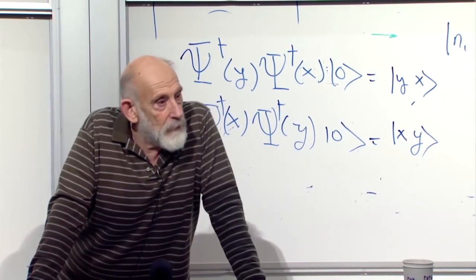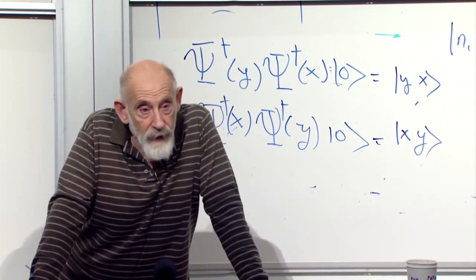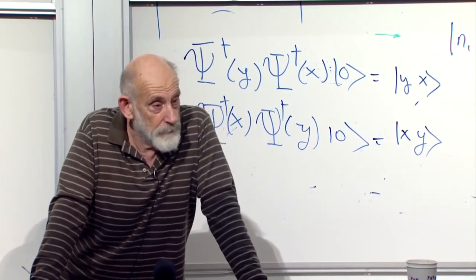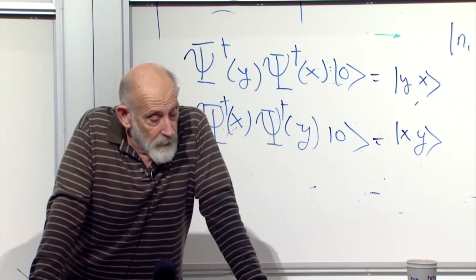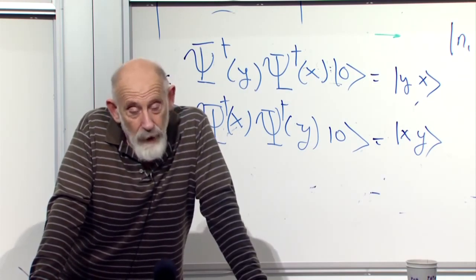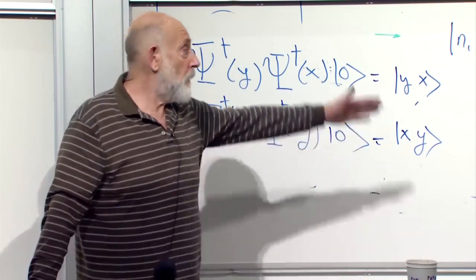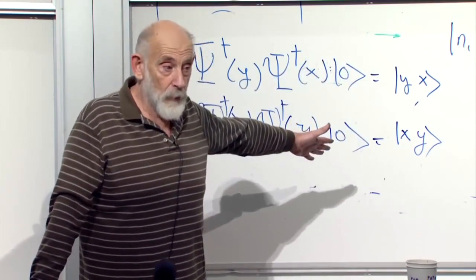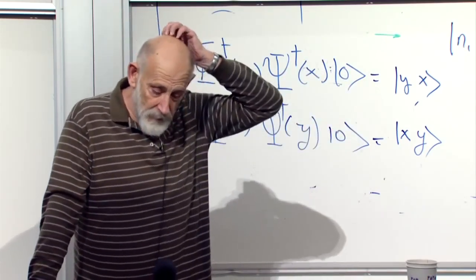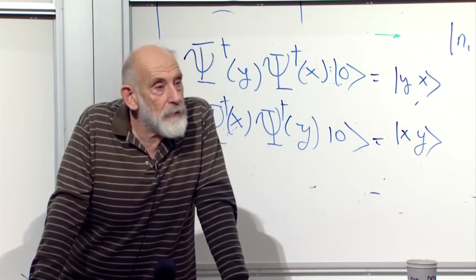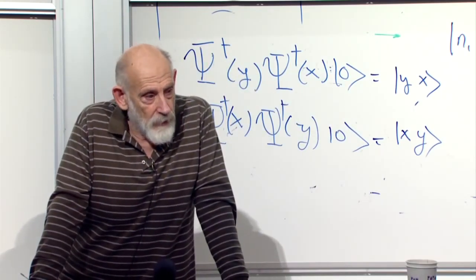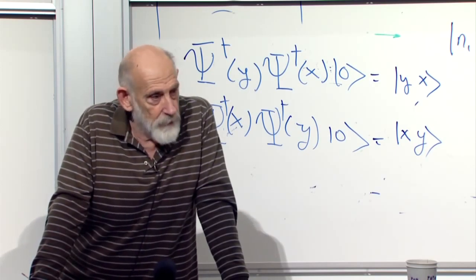There's a quantum field for each different type of particle. There's a separate quantum field. And if you want to make that kind of particle, you apply that quantum field. So that's what a quantum field is, or at least in its simplest incarnation.